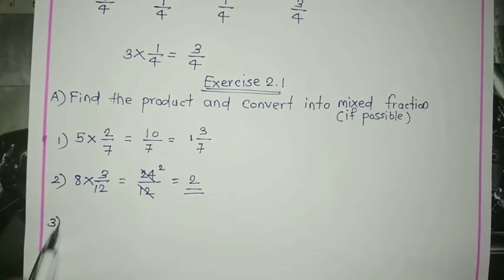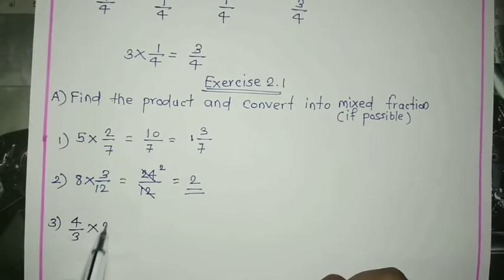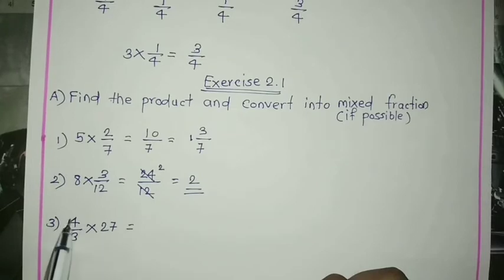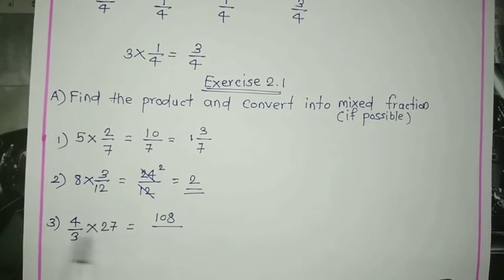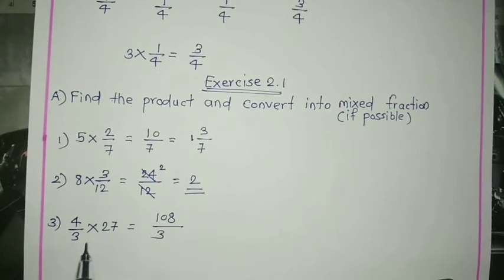Then the third question: 4 divided by 3 into 27. Okay, so 27 into 4, how many? 108, and 3 as it is.